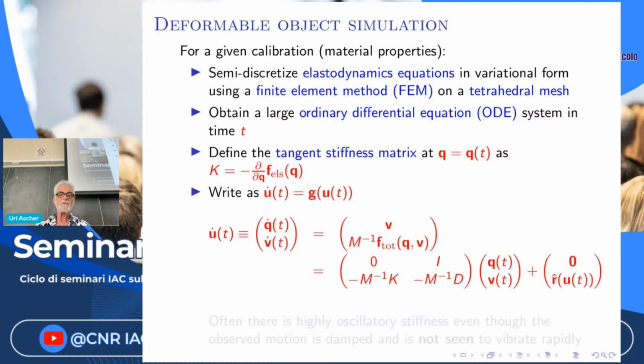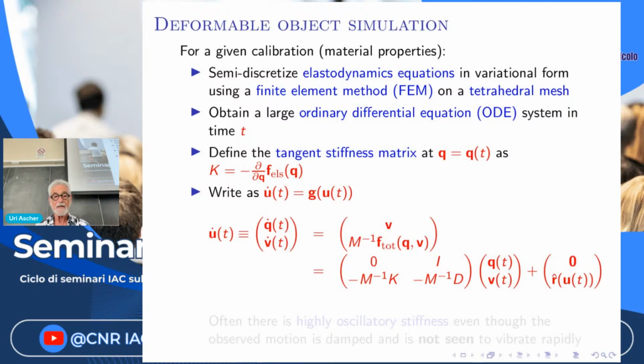Now we just write it as a first order system instead of a second order system by writing it for both positions q and velocities v, and highlight that matrix K and the matrix D, which comes from the damping forces. And the rest of it we call R hat. We don't want to care about that right now. These are the main guys.